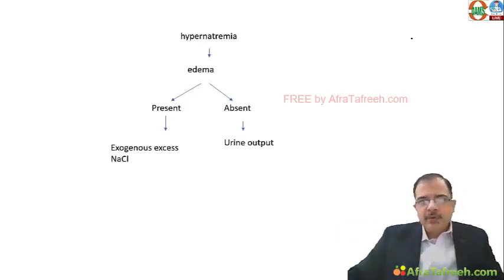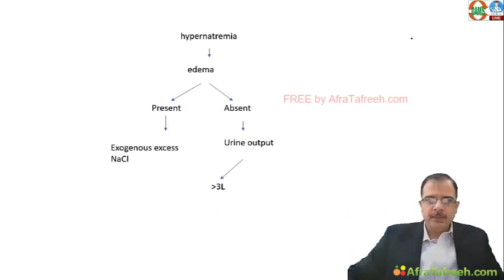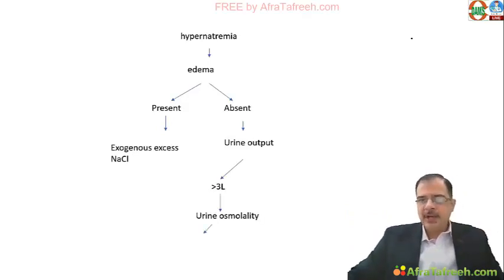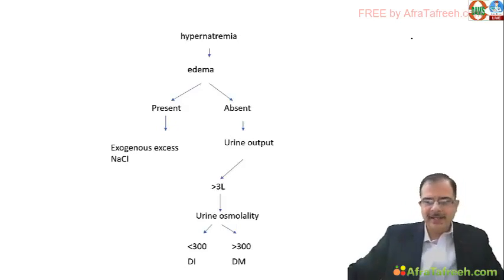So look at the urine output. If urine output is more than 3 liters, obviously the water loss is from the kidneys. So look for urine osmolality. If urine osmolality is low, it is diabetes insipidus. If urine osmolality is high, it is diabetes mellitus or osmotic diuresis.